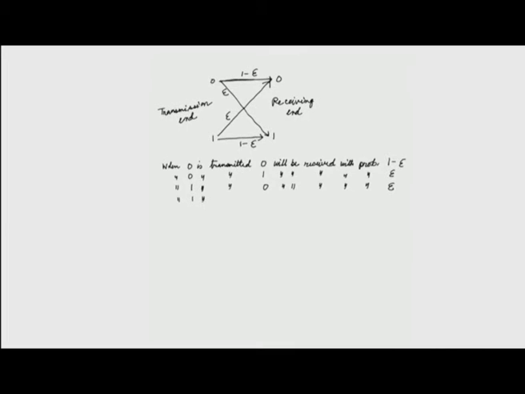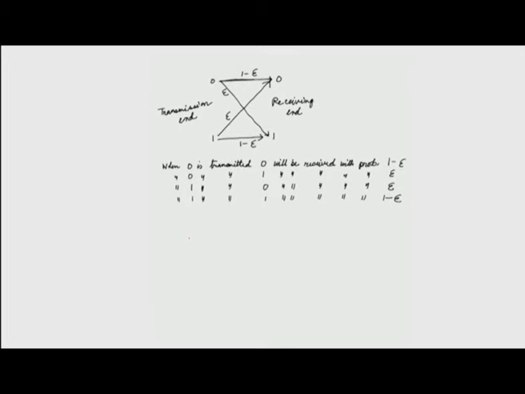When 1 is transmitted, 1 will be received with probability 1 minus epsilon. So, this kind of communication channel we are considering.